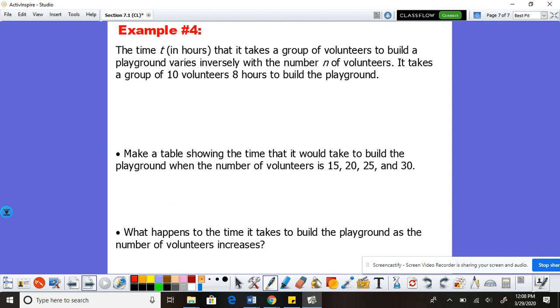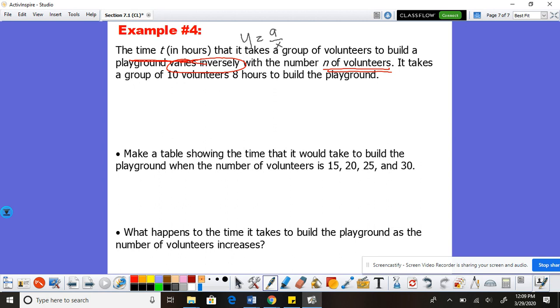So, word problem. The time t in hours that it takes a group of volunteers to build a playground varies inversely, keywords here, with the number n of volunteers. So we have n and t. When I talk about varies inversely, that means y equals a over x, where a is some constant. This isn't talking about x's and y's, it's talking about t's and n's.